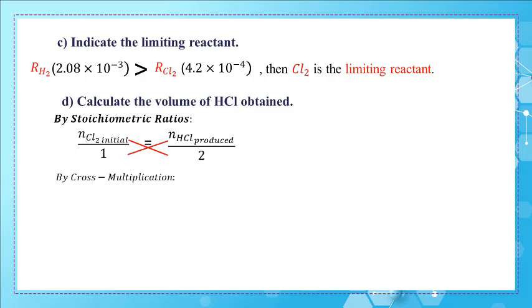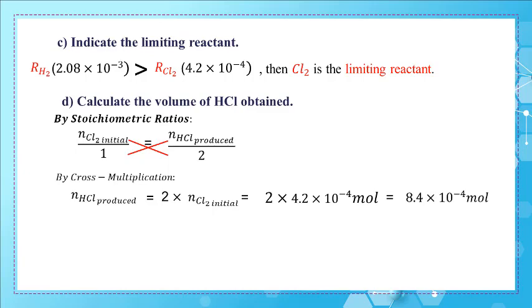By cross multiplication, the number of moles of HCl produced is equal to 2 times number of moles of Cl2 initial. It is equal to 8.4 times 10 power minus 4 mole.